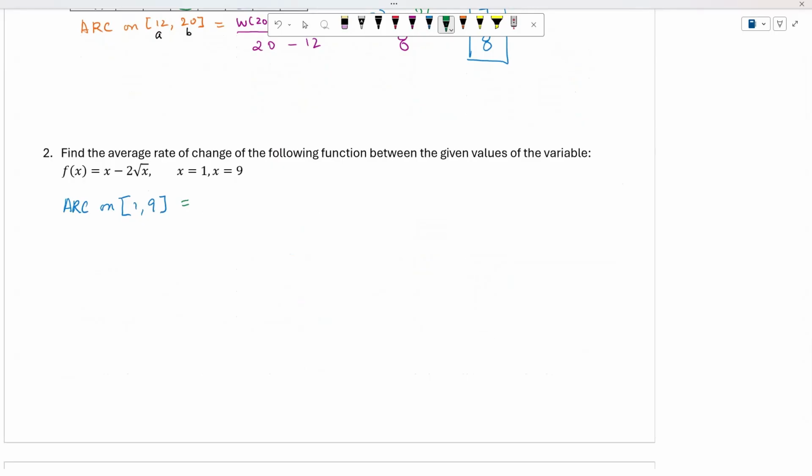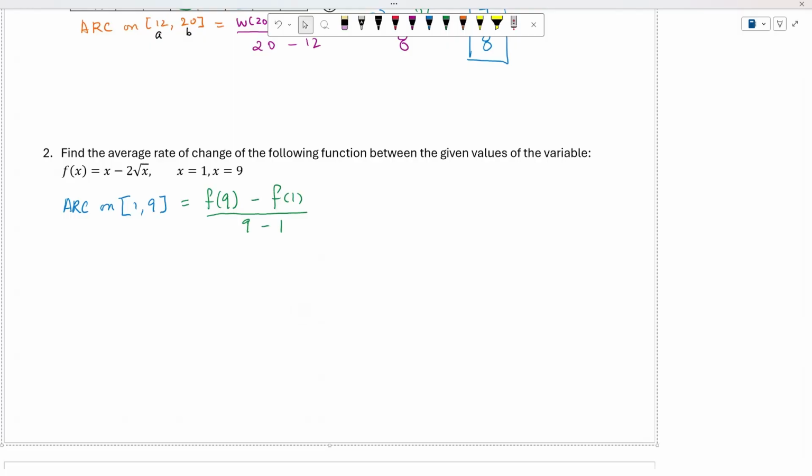So I will have f of 9 minus f of 1 over 9 minus 1. Okay. Now, if we work with the function notation, f of 9 basically means 9 minus 2 times square root of 9, right?